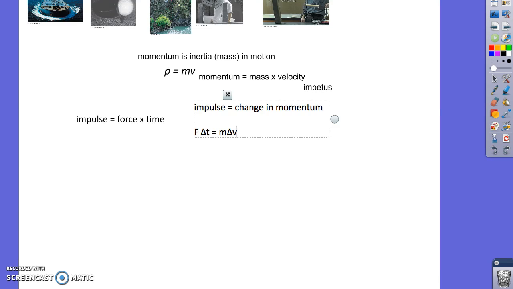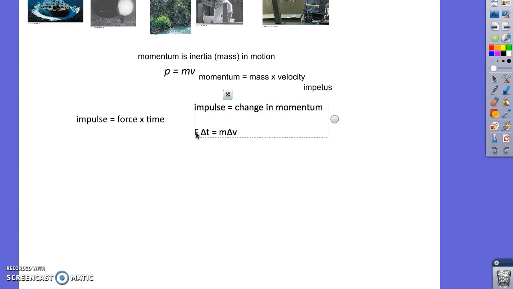Now let's look at some ways that we can change impulse and momentum and how they affect each other if we do that. A lot of times we want to increase the momentum. And there are several different ways we can do that. The first obvious thing is if we increase the force.